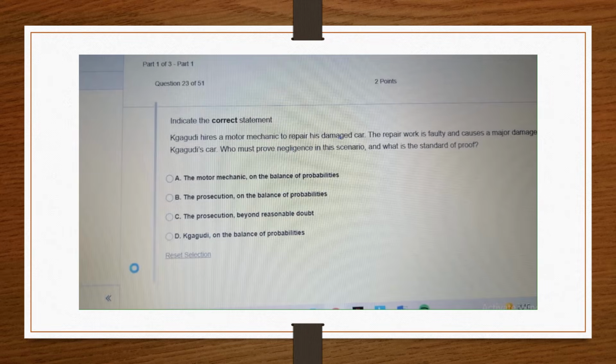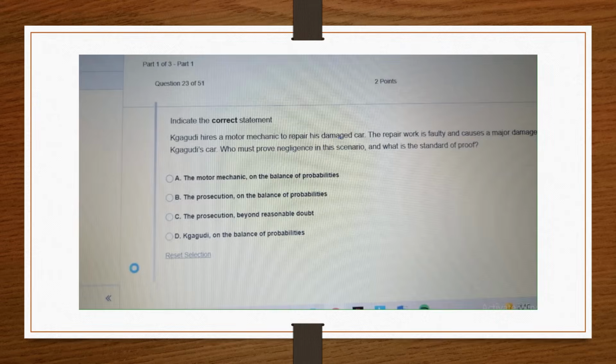23. Howdy hires a motor mechanic to repair his damaged car. The repair work is faulty and causes major damage to Howdy's car. Who must prove negligence in this scenario, and what is the standard of proof?